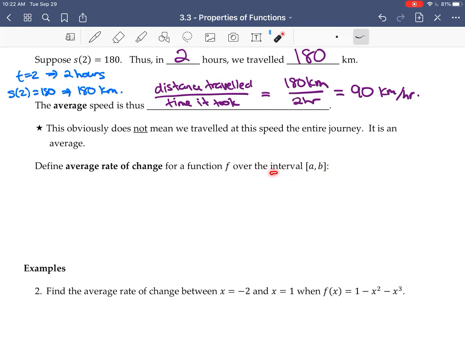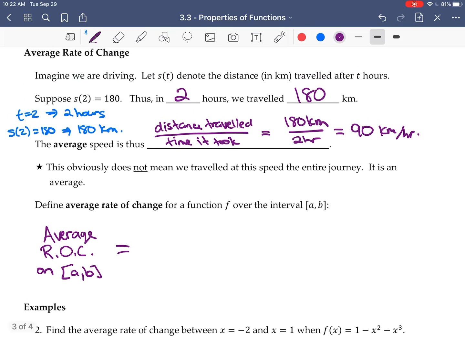So you're going to be given an interval from a to b. The average rate of change, I'm going to call it ROC, on the interval from a to b is going to be the slope. Like we did up here, it's the distance over the time it took, so that's the length of that interval.